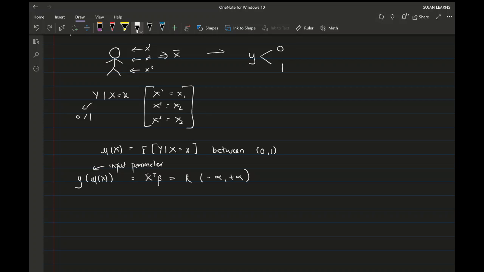This g, which is an invertible function, is called the link function, and we use that function to map the mu x to x transpose beta, which ranges from minus infinity to plus infinity.